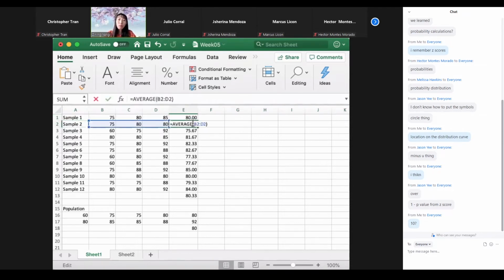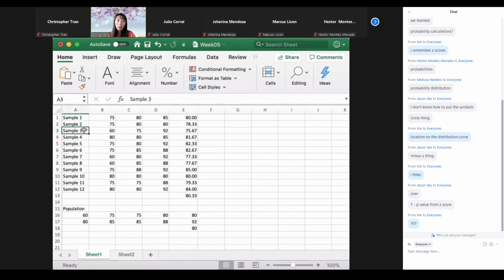If you use sample 2 to estimate or to conclude, your sample 2 has a mean of 78.33. So it's pretty close to your population mean, close to 80, but it deviates a little bit. If you conclude, you say, I think the students are probably performing at C plus, maybe, right? That's slightly off, but okay.